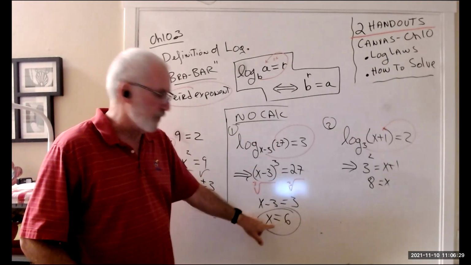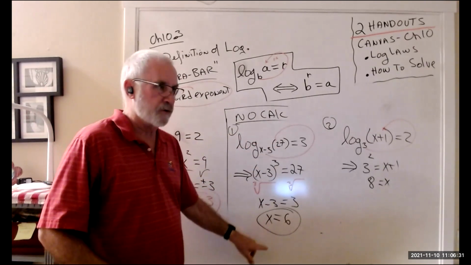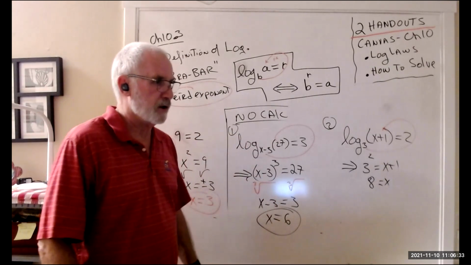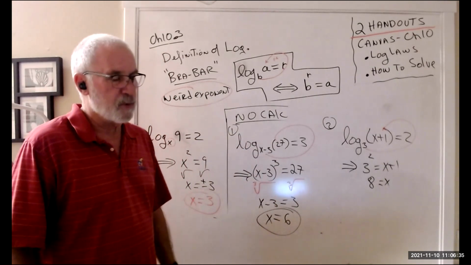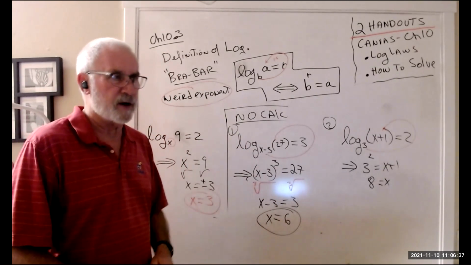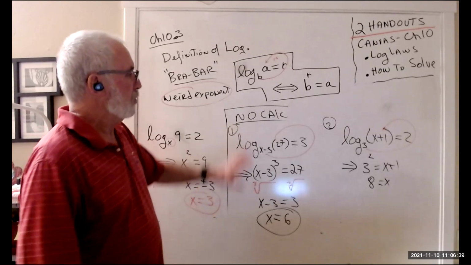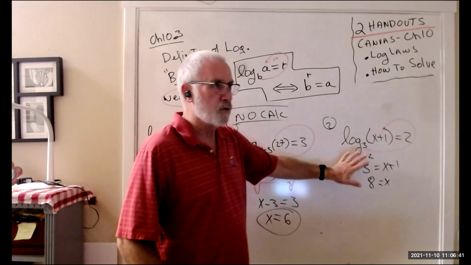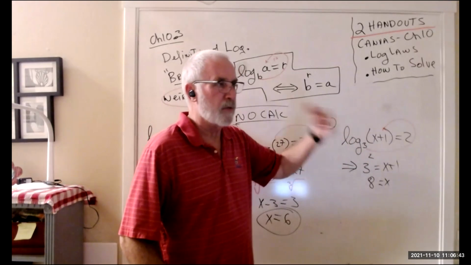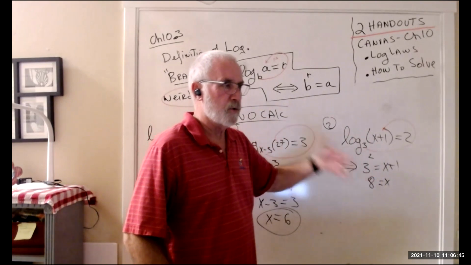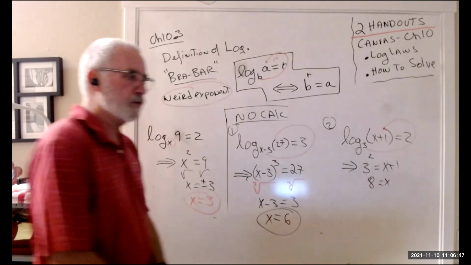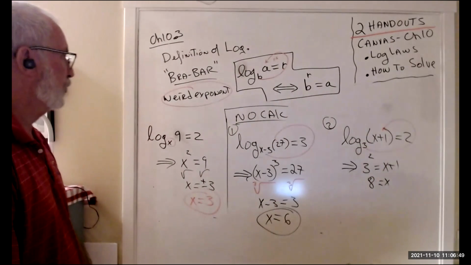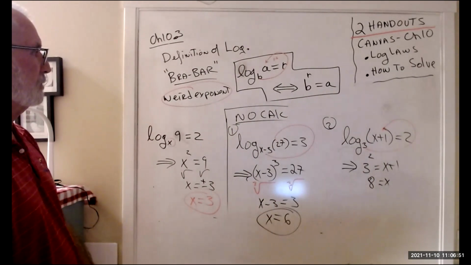So if you come up with 6.0000, well, you used your calculator. Or 5.99999, you used your calculator somehow. The problems that say don't use your calculator are doable without it, just by you thinking through some steps. So try those to the best of your ability.